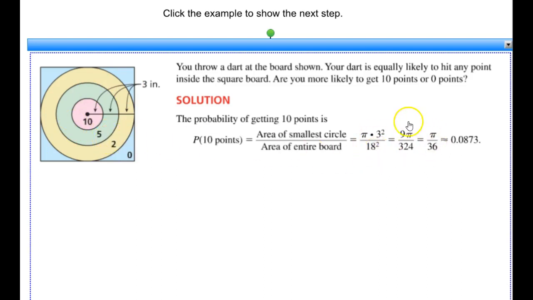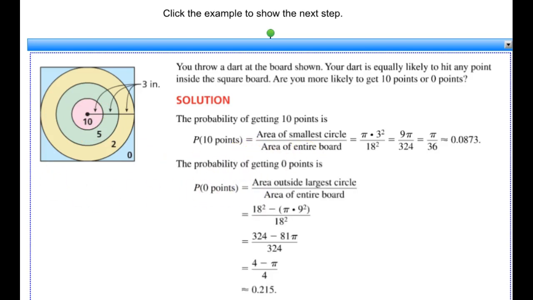So it's going to be 18 squared. So I have 9 pi divided by 324 equals pi divided by 36, or approximately 0.0873. So that's the probability of landing inside the 10 area, the little circle. So now let's figure out the probability of getting a 0 is landing out here on the edges.